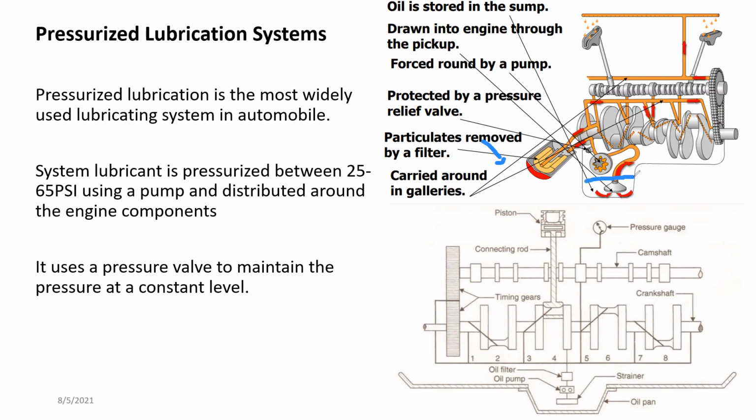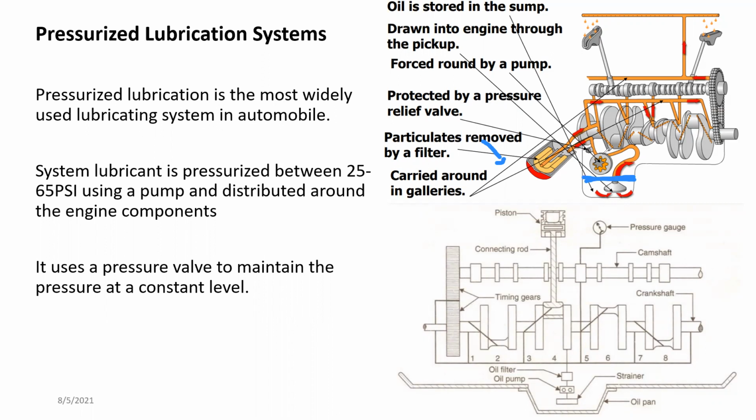So you have oil in the bottom of your engine, in the oil sump. Oil is sucked through a pump, then it is pressurized to a predetermined value that varies from engine to engine.